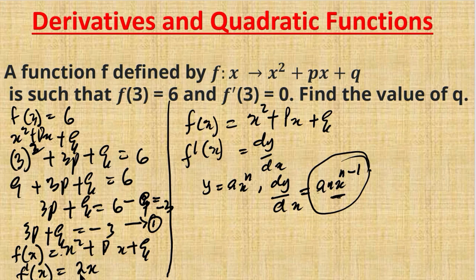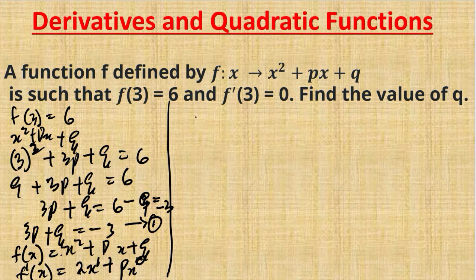That will be 1 times 2, which is 2x raised to power 1, plus my p here will stand for a, and my n here will be 1. So I'll have p, then x will be raised to power 1 minus 1, which is x raised to power 0. So x automatically becomes 1. Let's create space here, so that f prime of x will be the same thing as 2x plus p.